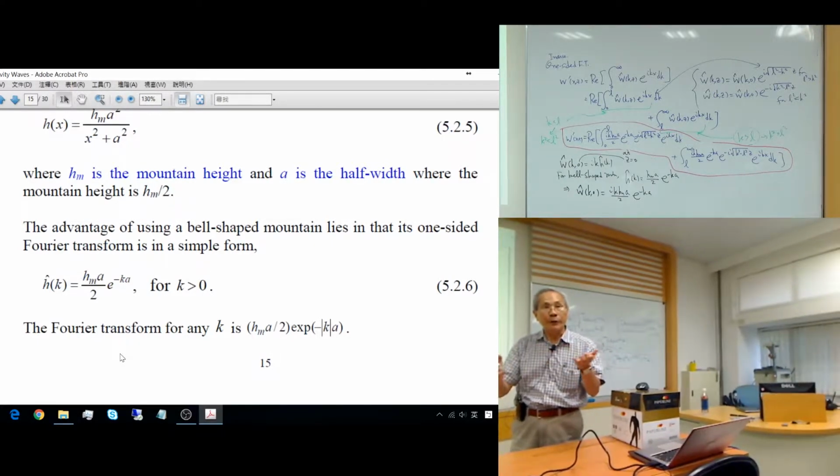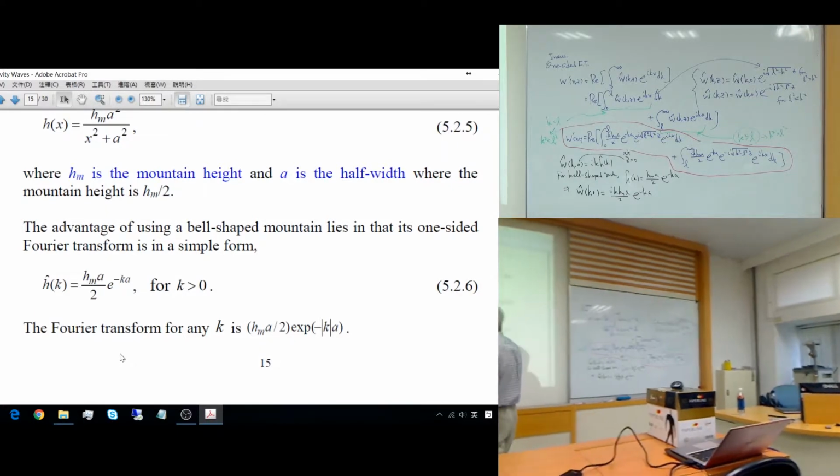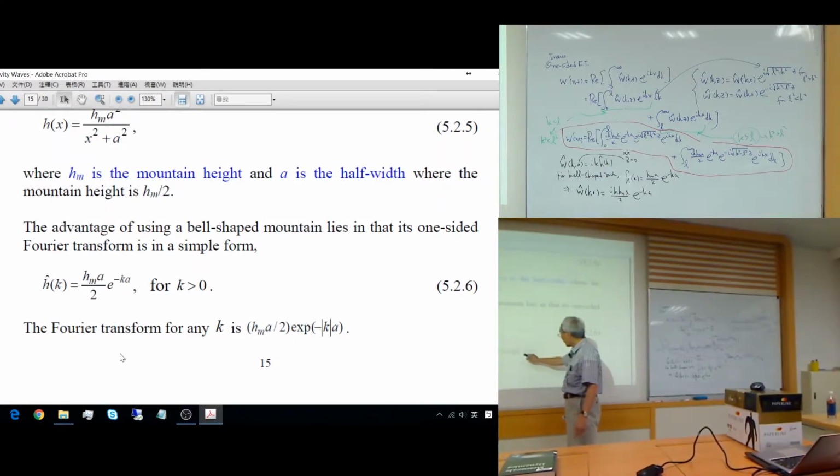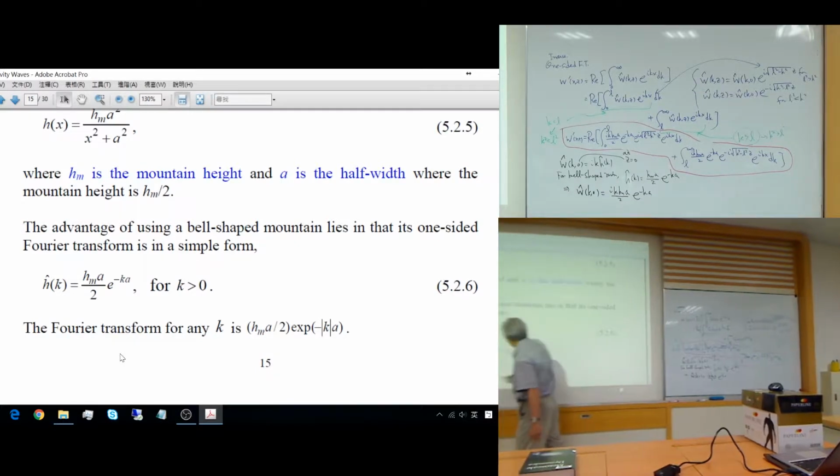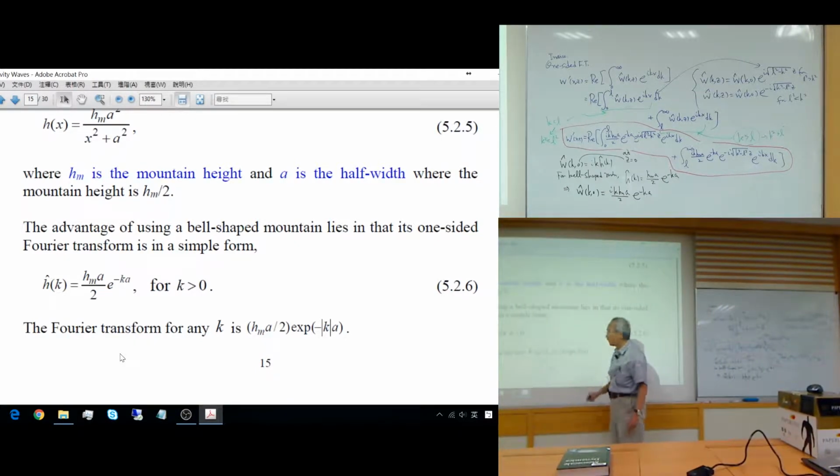If it is a regular Fourier transform, k could be positive or negative, then you have to take the absolute value here, negative. Otherwise, it's identical. If k is positive, this becomes k. If k is negative, then this becomes negative ka, so absolute value. So this one will reduce to that for k greater than 0.